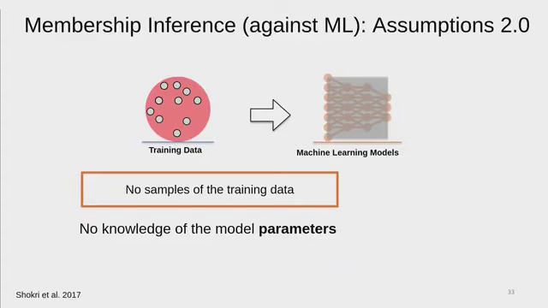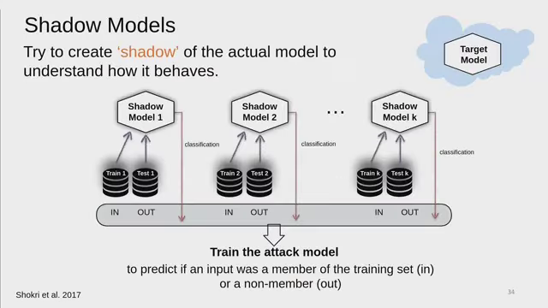Okay. So let's assume we don't have samples of the training data, so no knowledge of the model parameters. What we can do, instead of using the data set that we have, is try to create a shadow of the actual model to understand how it behaves.